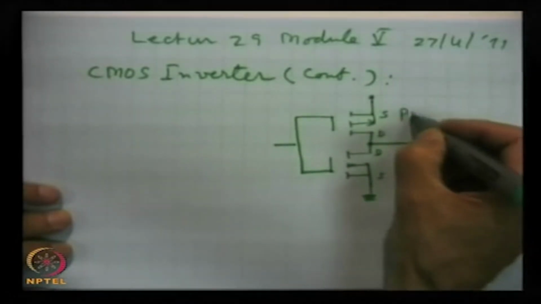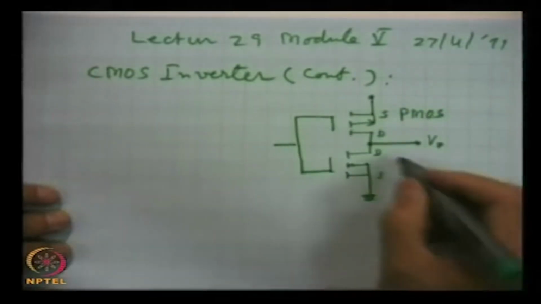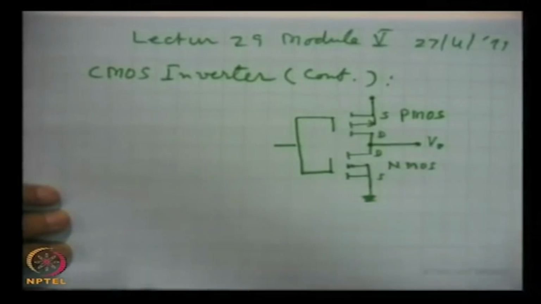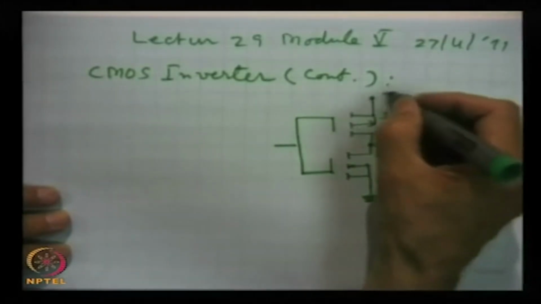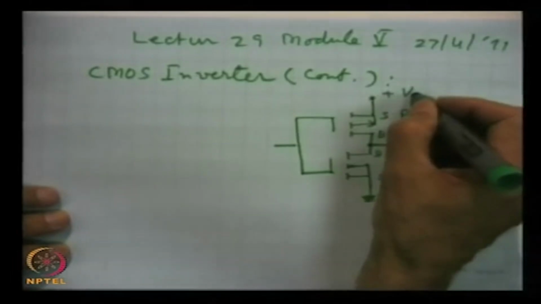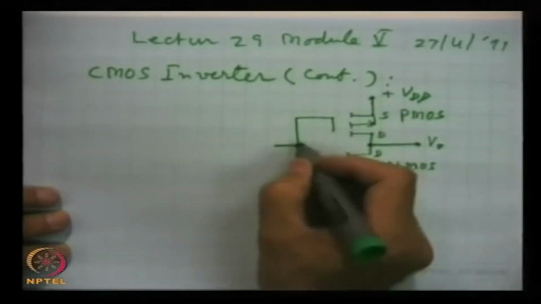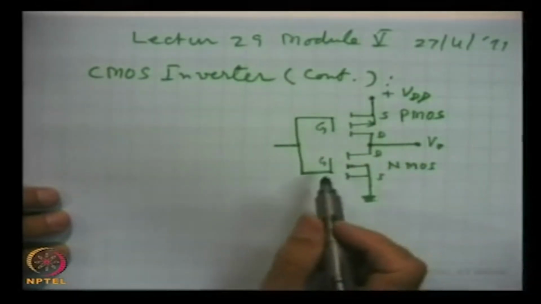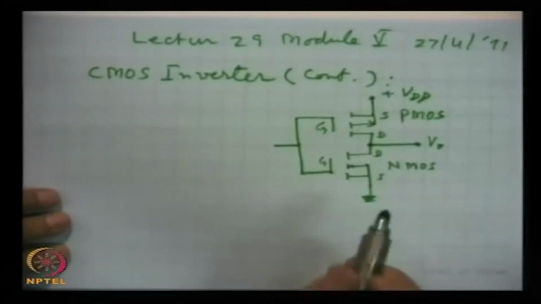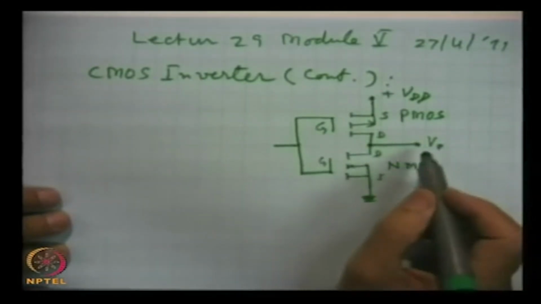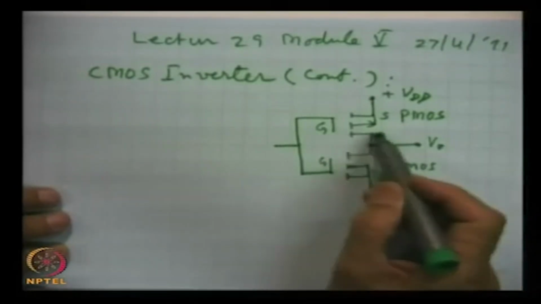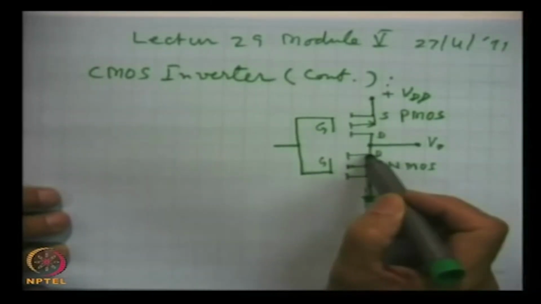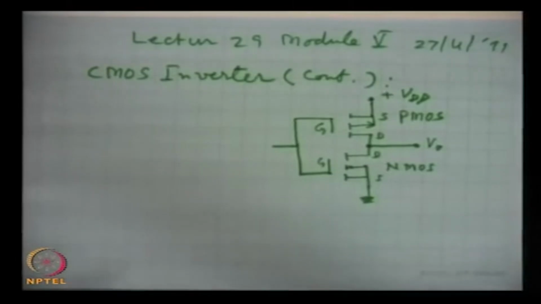This is PMOS, the PMOSFET, and this is NMOS, the NMOSFET, and this is the DC supply VDD. The input is obtained by connecting the gates of both MOSFETs together, and the output is taken by connecting both the drains, the drain of PMOS and the drain of NMOS. They are connected together, and from there the V out is taken.